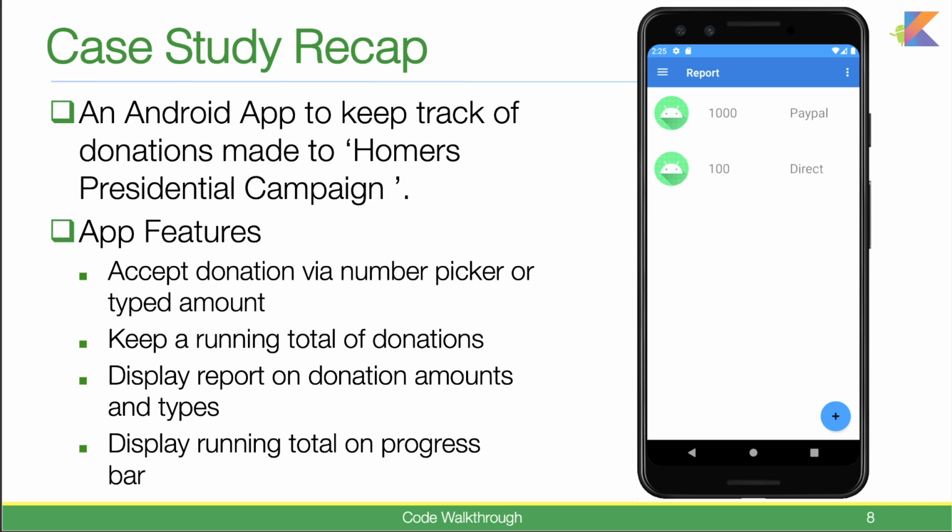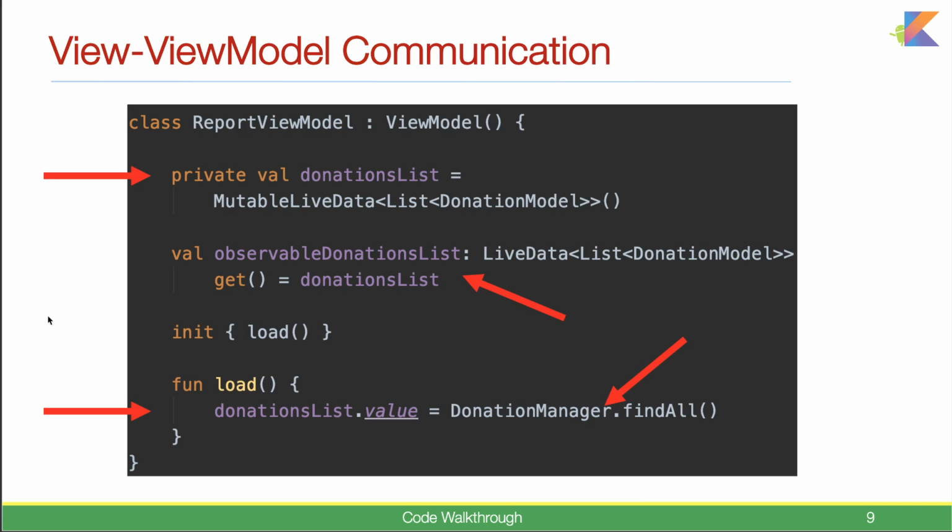Okay, so to delve a little bit deeper into how that's now displayed and how we communicate between our data and our views after applying MVVM, it is as follows. To begin with, we have something along these lines.